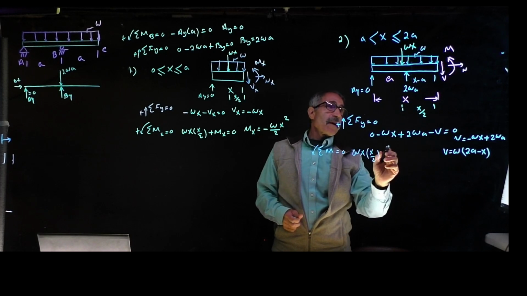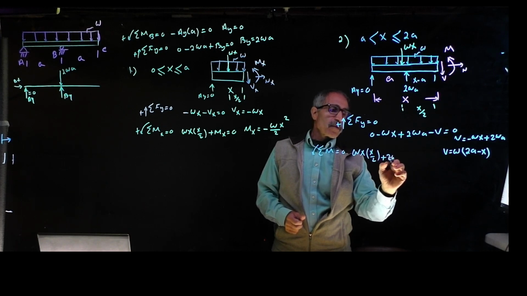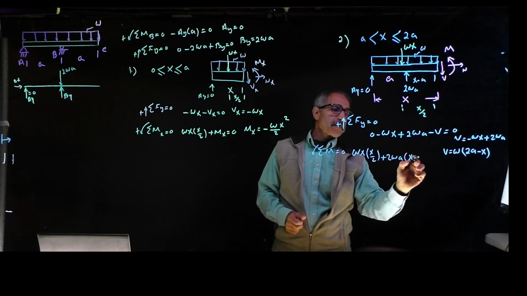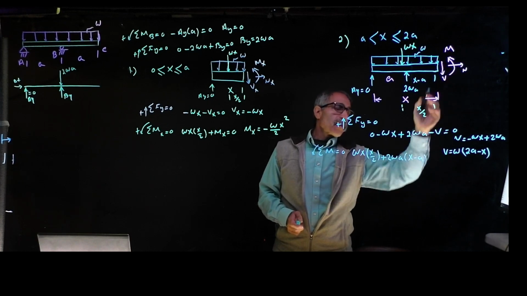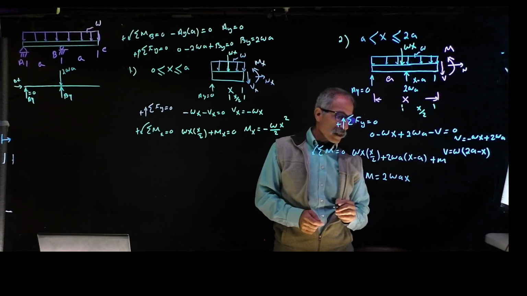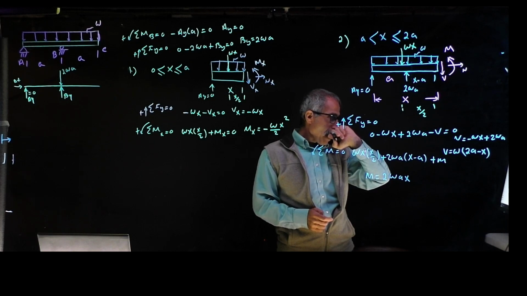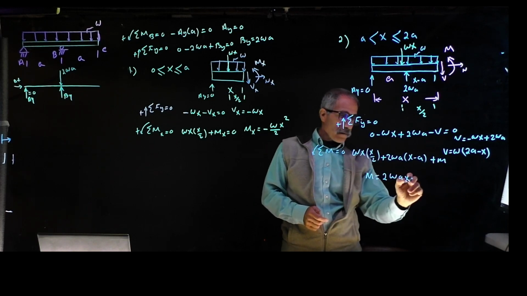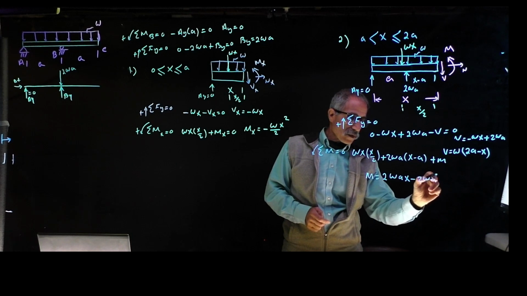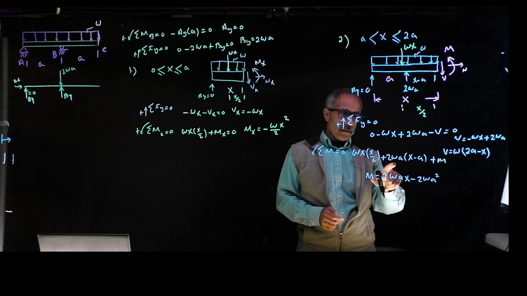So it's going to be negative, plus 2wa times x minus a. And then we have plus the moment M. So 2wax minus 2wa squared, minus 2wa.